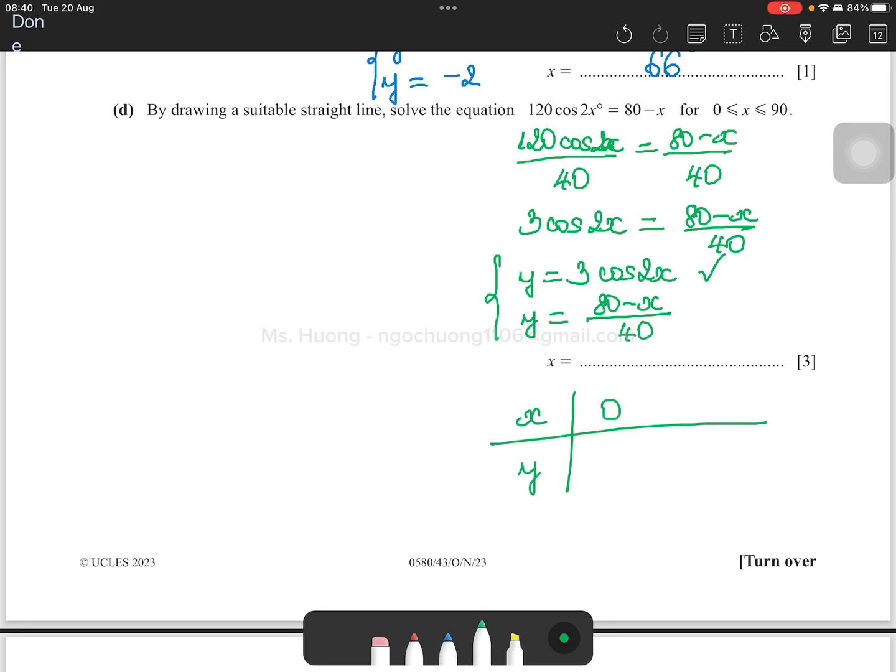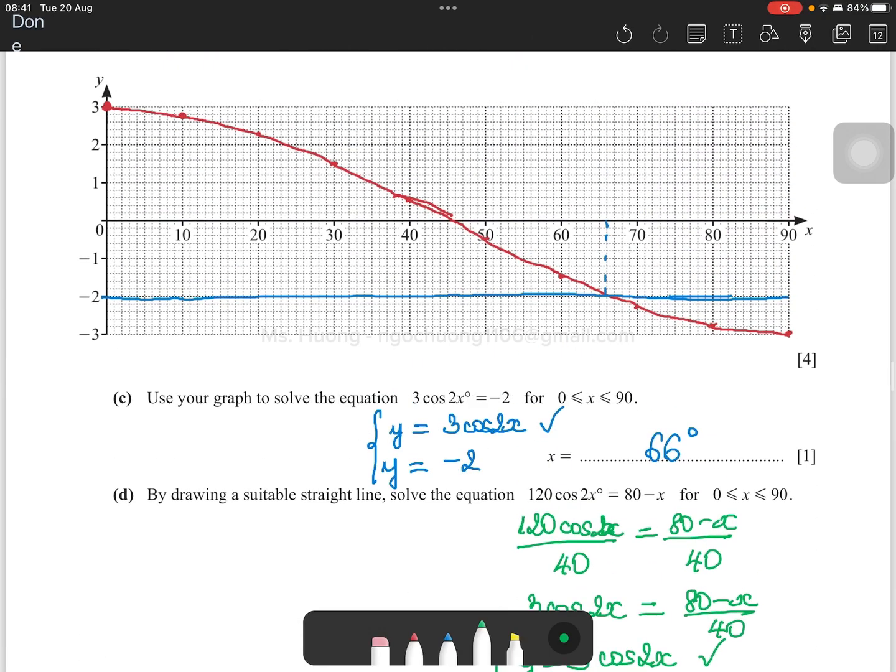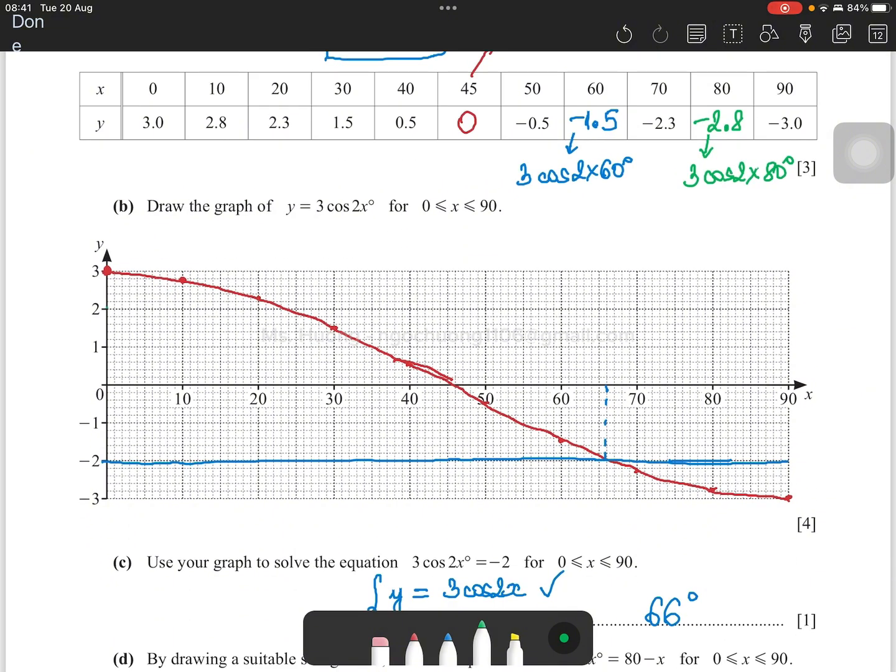When x is 0, (80 minus 0) over 40 equals 2. And if x is equal to 40, then 80 minus 40 is 40, and 40 divided by 40 equals 1. So we plot the two points (0, 2) and (40, 1).